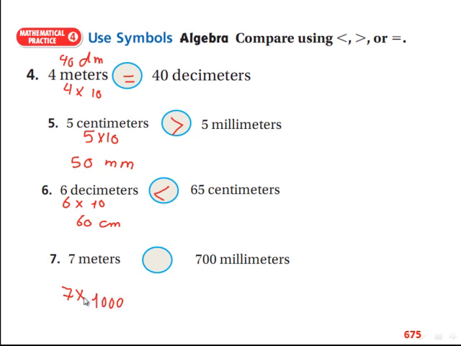So you will multiply by 1000. 7 multiplied by 1000 equal, great, 7 thousands. So which is greater, 7,000 millimeters or 700 millimeters? Exactly 7,000 is greater than 700 millimeters.